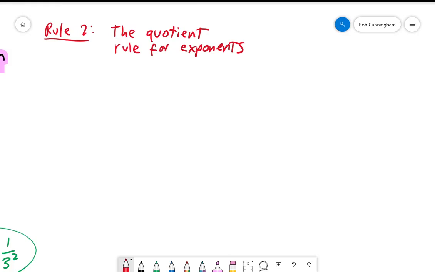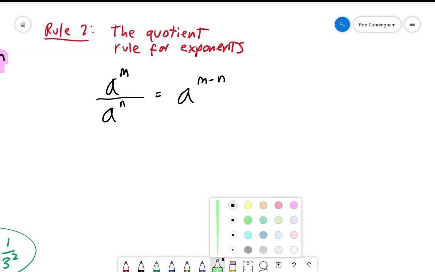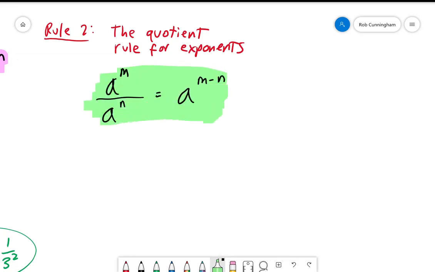So, the quotient rule goes like this. If I have some base to an exponent and it is divided by that same base to another exponent, it makes intuitive sense. If you multiply two things with the same base, you add the exponents. If you divide two numbers with the same base, it stands to reason that you would subtract the exponents. And that is exactly what you do.